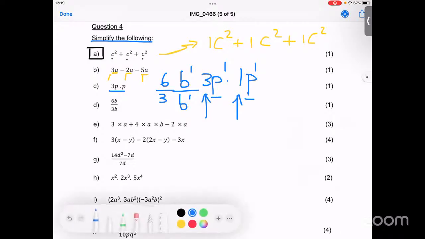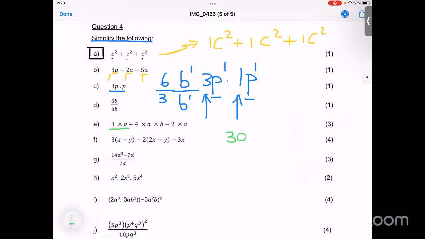And then when it comes to this one, be careful of something. This part alone goes as a unit, the same as the 3 that you multiplied by a.